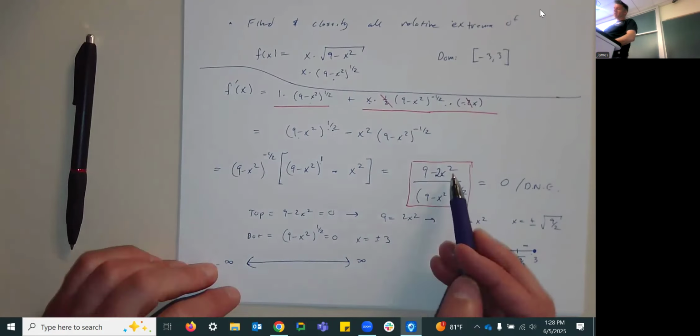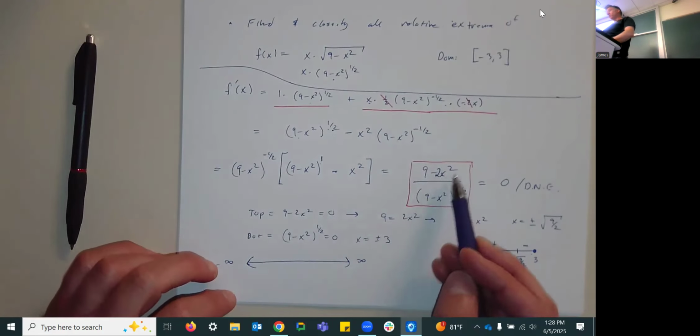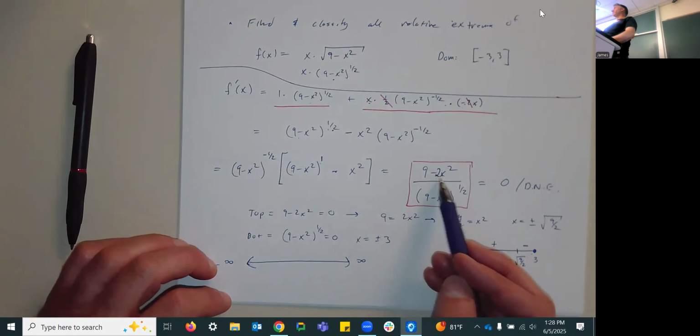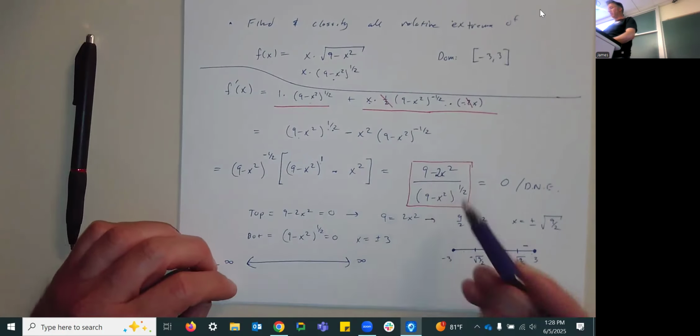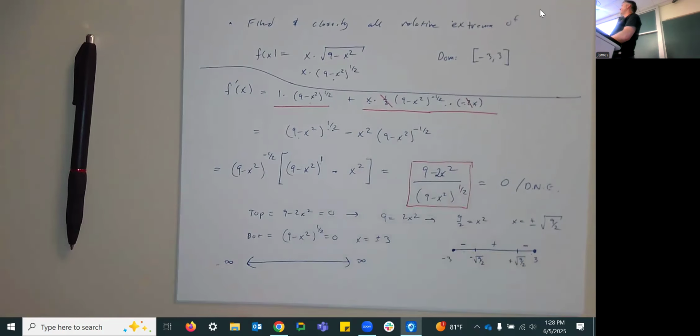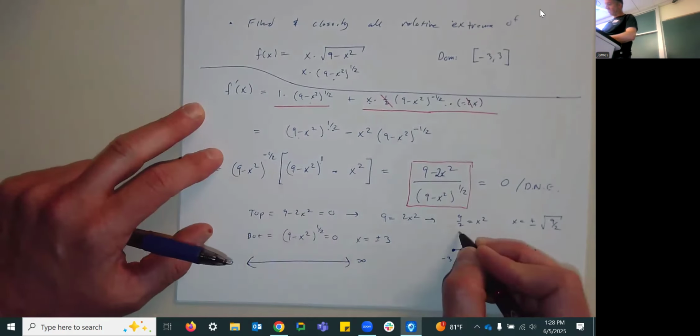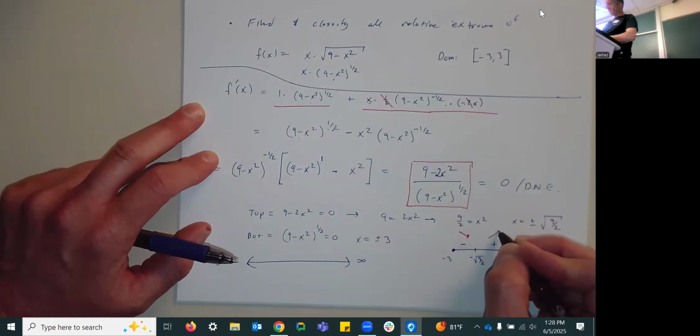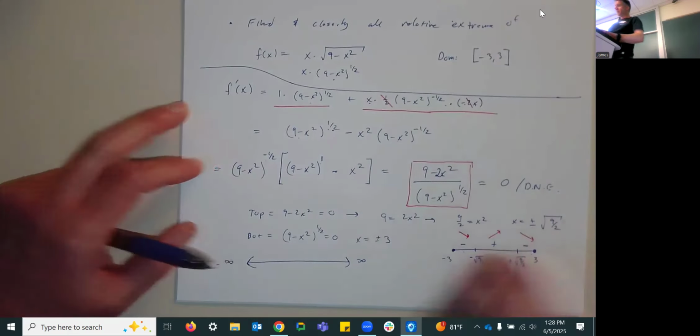I'd be like, well, it's close to 3. Close to 3 squared is close to 9. And then 2 times that's way bigger than 9. So it's still going to be negative over there. I don't love that. It's not excellent. But we do now know that our function is decreasing, then increasing, then decreasing.